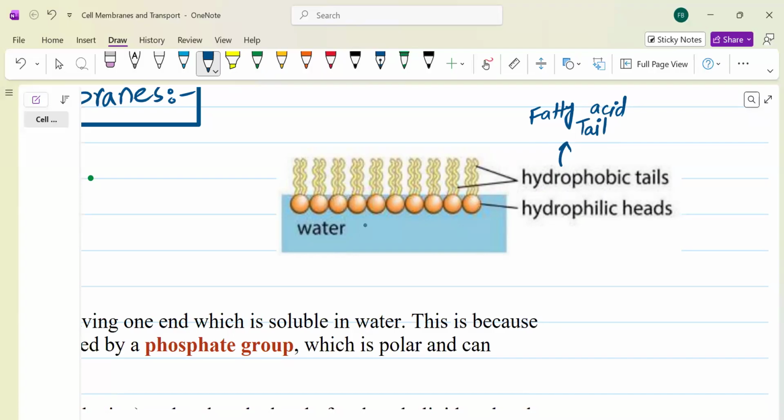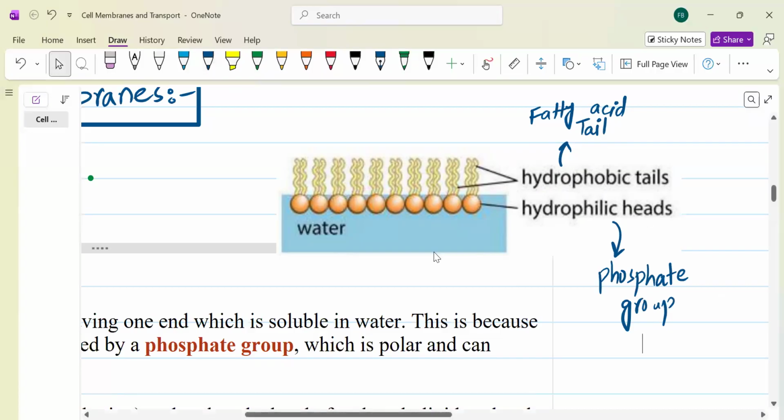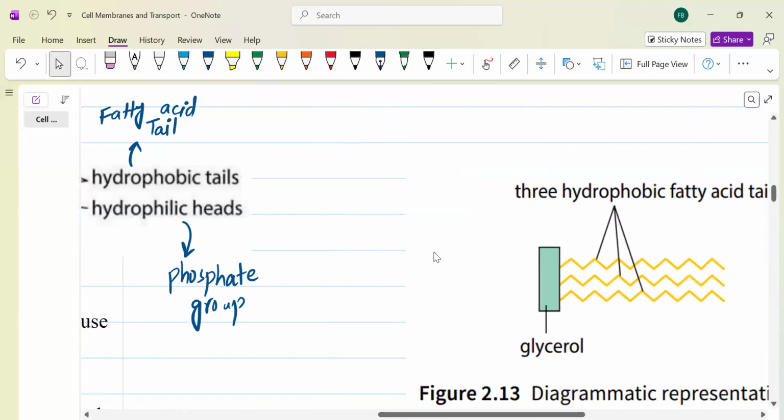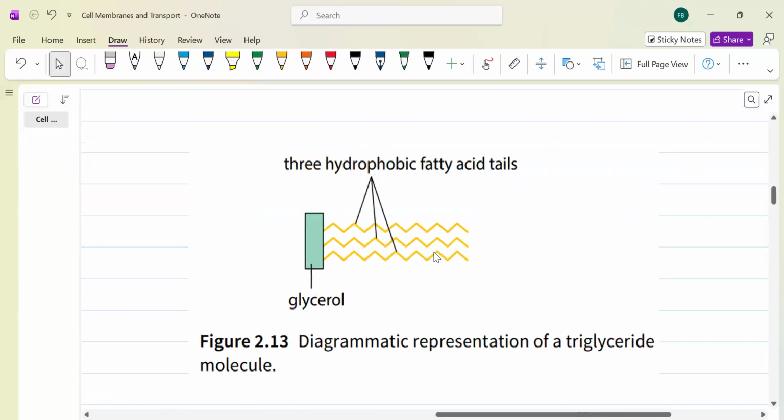and this one is the hydrophilic head. In the hydrophilic head, you have a phosphate group present. This we have discussed in detail. So this is the basic structure of the phospholipid. And when we see how phospholipids are formed, we have discussed this in the biomolecules in the section of lipids.